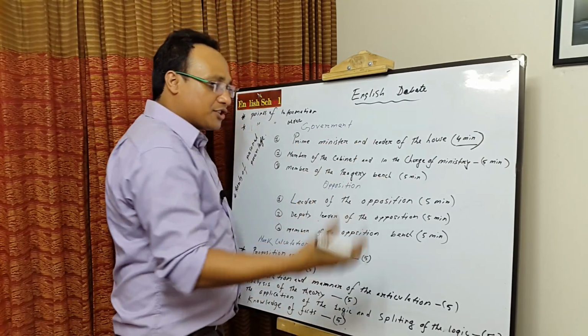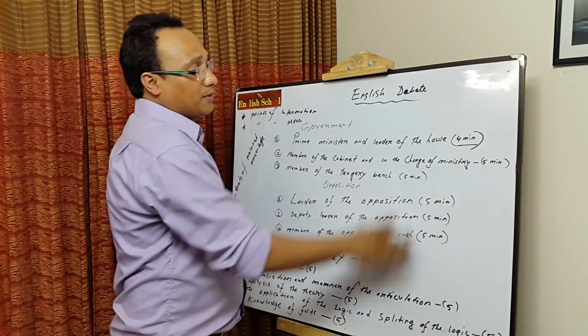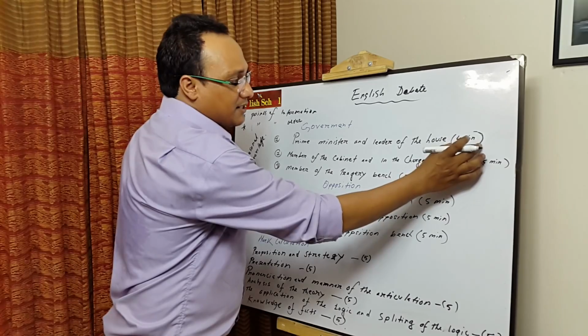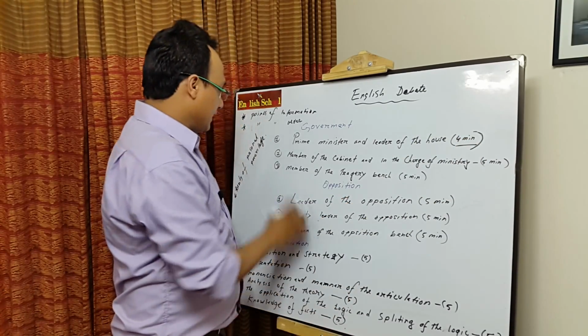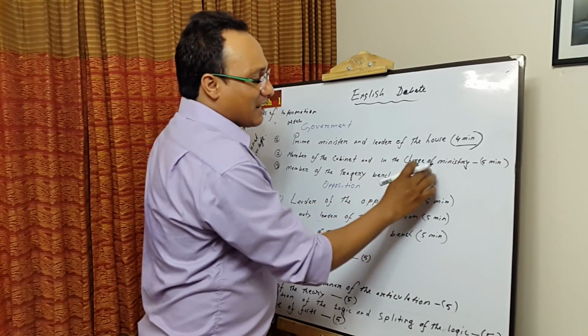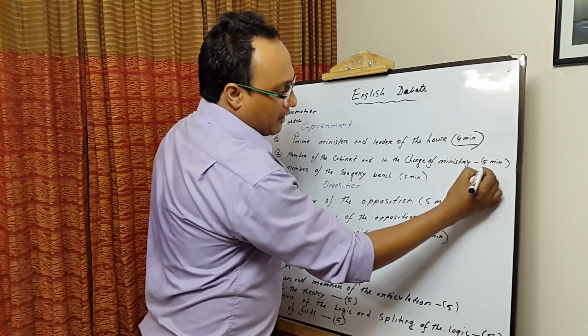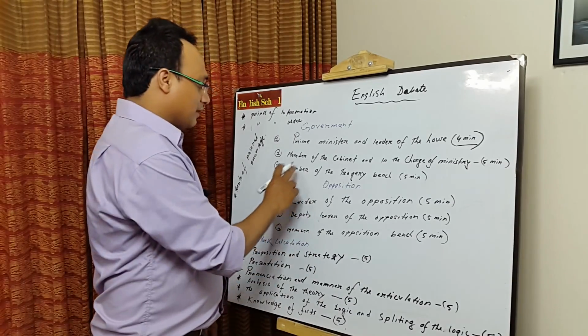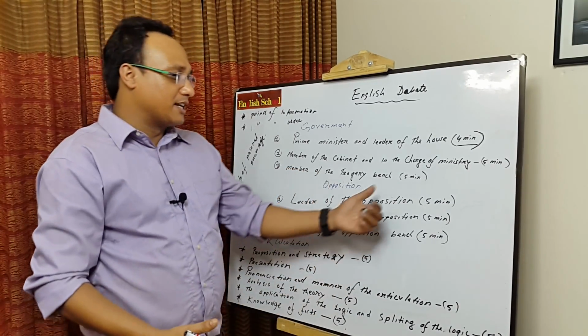The prime minister and the leader of the house will get 4 minutes, the members of the cabinet and ministers in charge will get 5 minutes, and the member of the treasury bench will get 5 minutes.